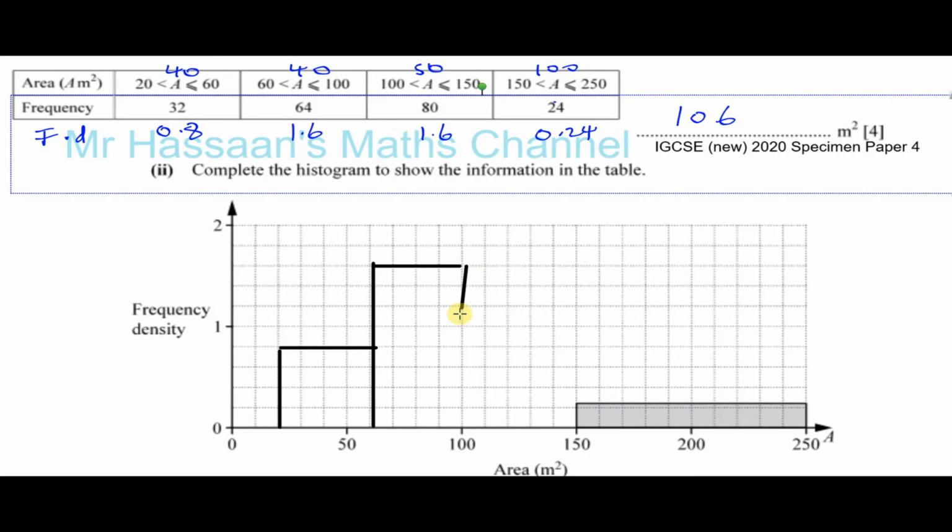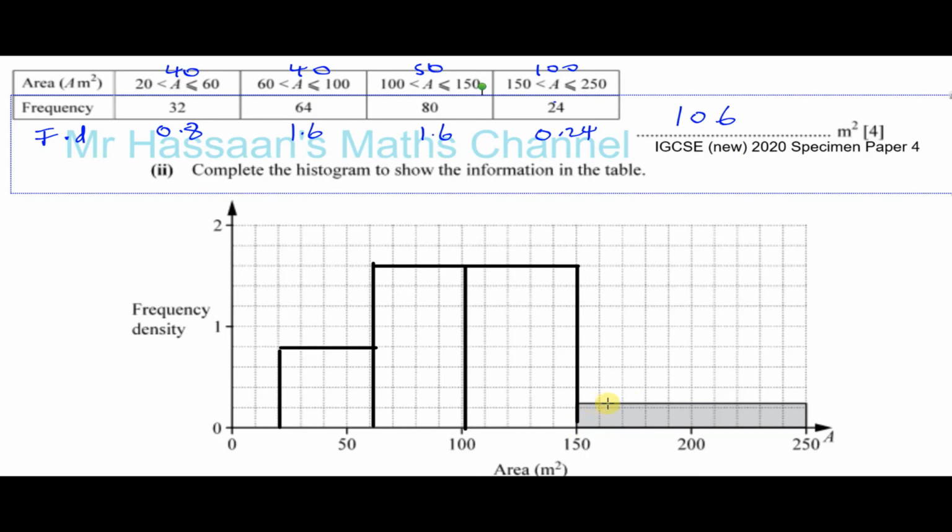Okay, I can complete that down to there. I'm going to try and be a bit neater than that. That's fine. Then it says from 100 to 150, 1.6 again. So this line just can continue up to 150, and we're done. Okay, so there we have the histogram.